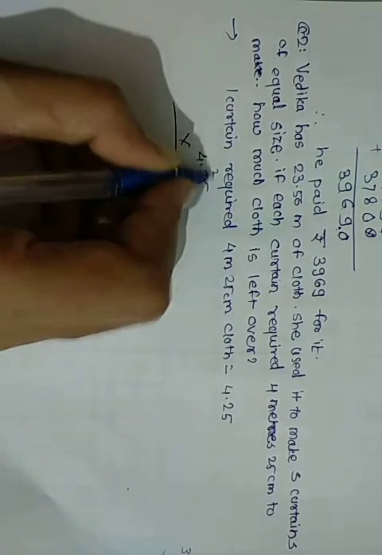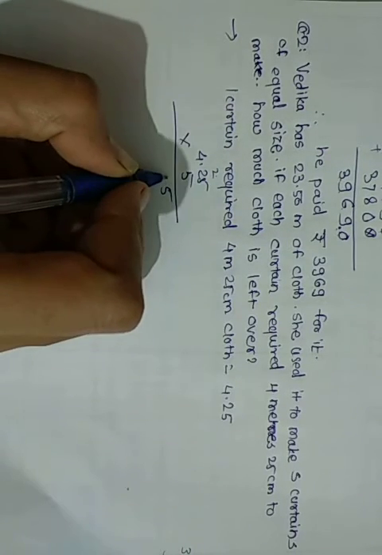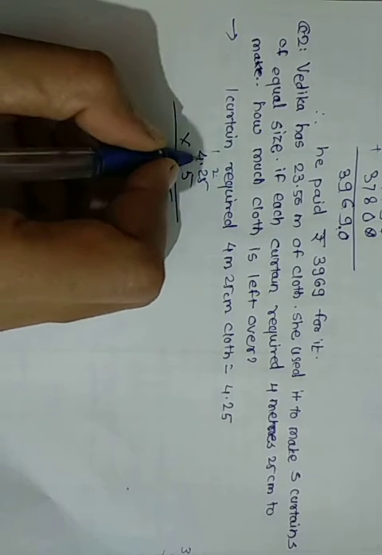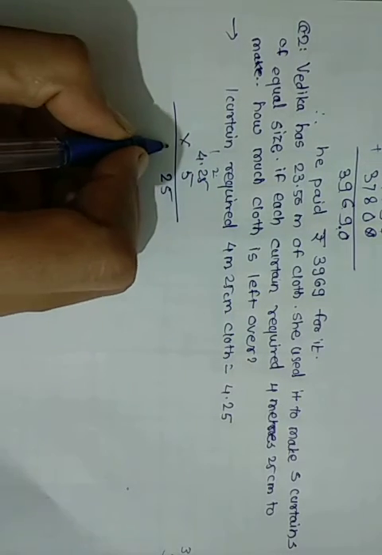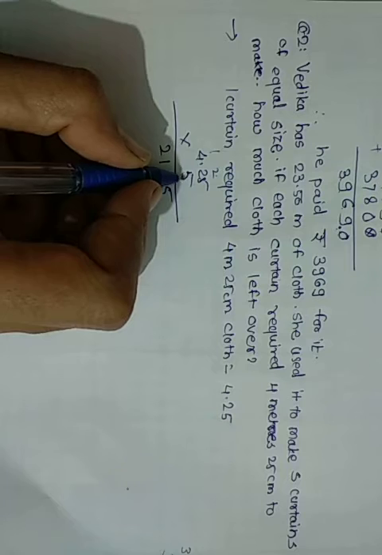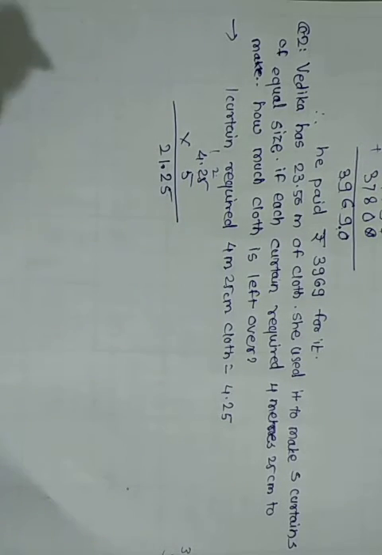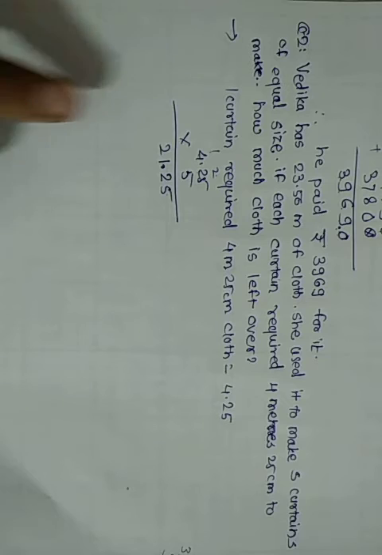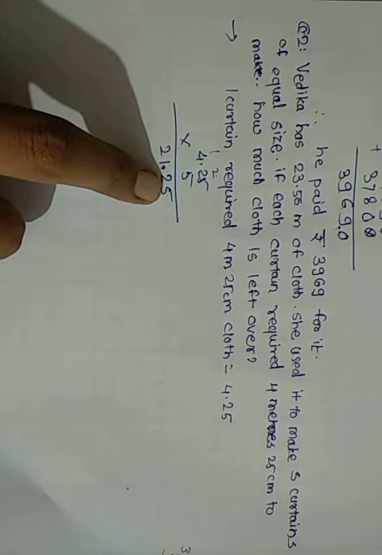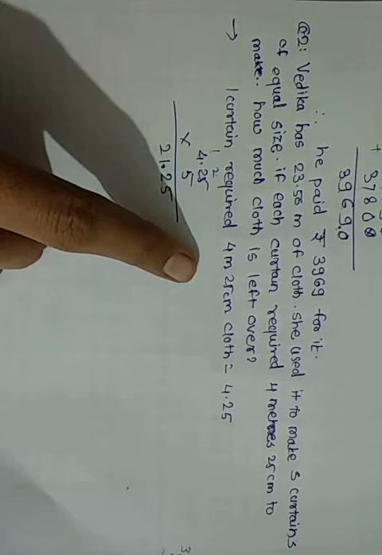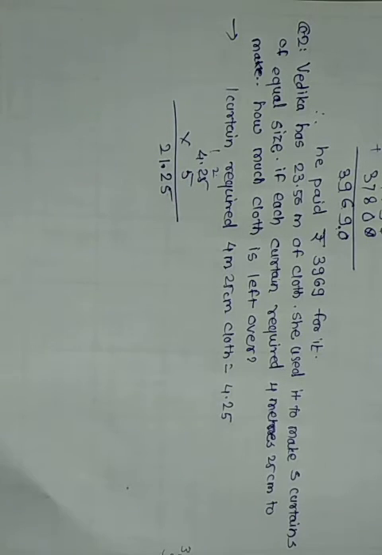5 5 is 25, 5 to the 10, 10 plus 2, 12, then 5 4 are 20, 20 plus 1, that is 21. Leave 2 places from the back side. 21.25 means 21 meter and 25 centimeter cloth is required for the total 5 curtains.